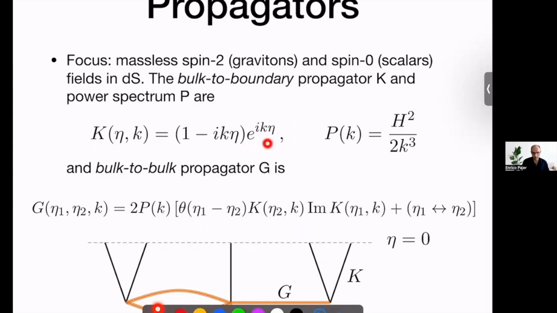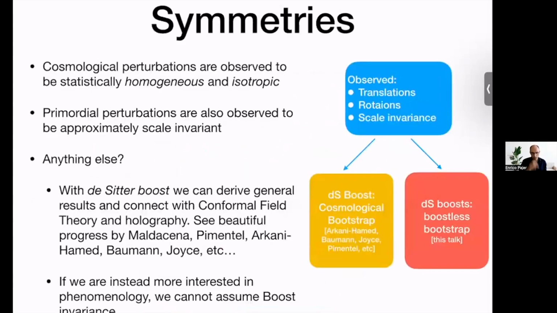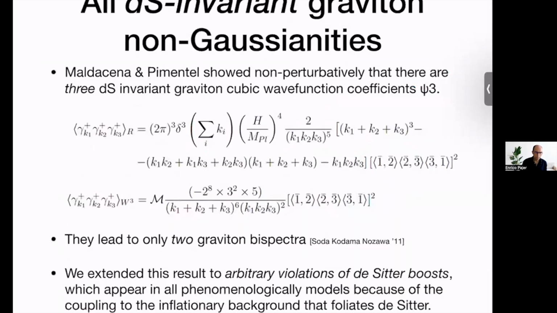In the infinite past, they oscillate like particles, and in the future, they freeze out and become constant. The 2-point functions are also quite simple. They're famously scale invariant, as we measure in the data. And so now, diagram by diagram, if I give you the vertices, which are the interactions, you can compute everything. However, okay, you can just compute everything.